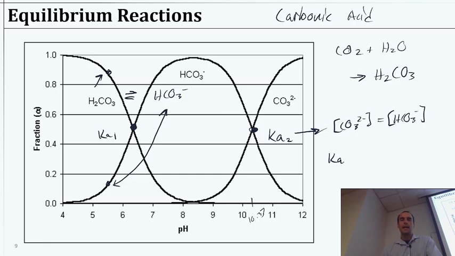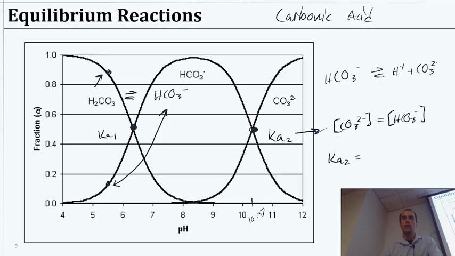If we say Ka2 would be our products over reactants, let me write the reaction first. I'm going to make a little space here. Our reaction here is HCO3- is in equilibrium with H+ and CO3 2-.